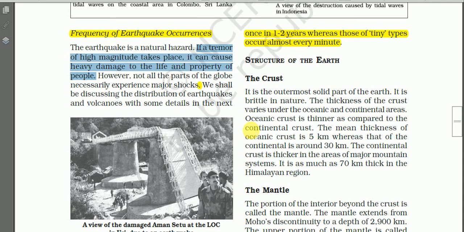However, not all parts of the globe necessarily experience major earthquakes, major shocks. We experience these major earthquakes only in a few places on earth, not everywhere.